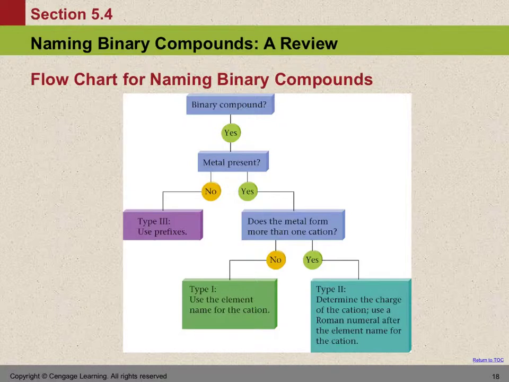And this right here is a good flow chart for you to be familiar with to help you determine how to name a compound. So the first thing you need to do is ask yourself, is this a binary compound? Are there just 2 elements? If yes, then we look, is there a metal present? Are there any elements that are on the left-hand side of the periodic table present in our compound? If there's not, then we use a type 3, because that means it's 2 nonmetals, so we need to use our prefixes.